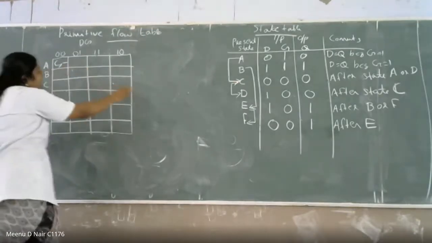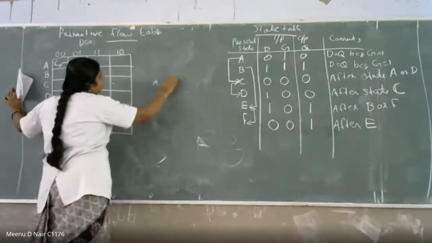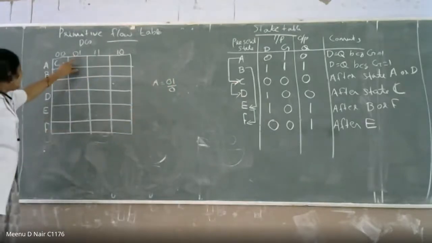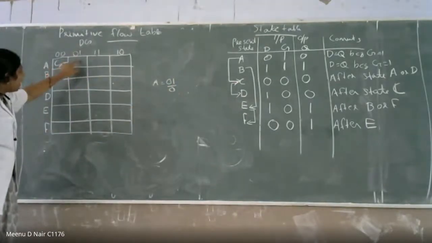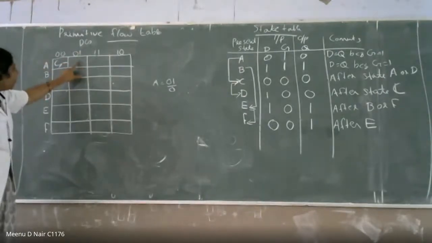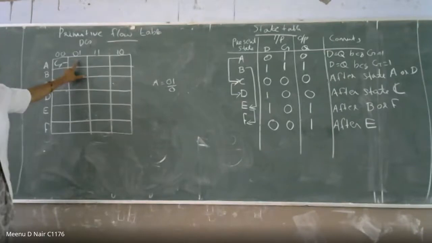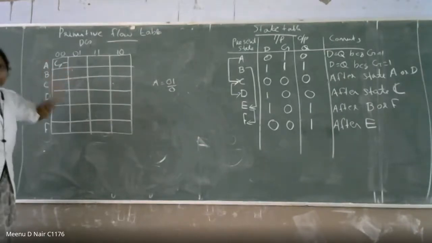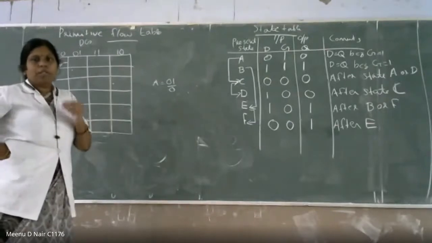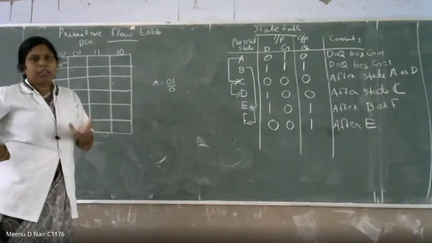So only for the corresponding value. A is nothing but 0 1, right? This is A. So wherever the input corresponds to the corresponding row, there only you can put the output value. Otherwise everywhere you put a dash, since you do not know whether it can be 0 or 1.